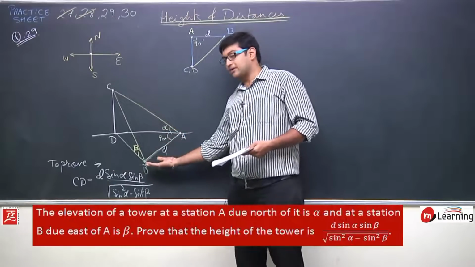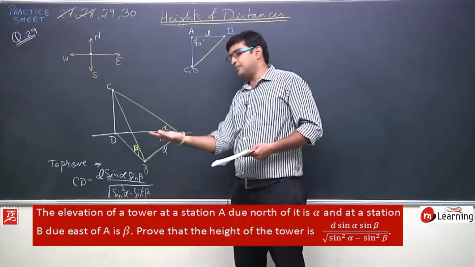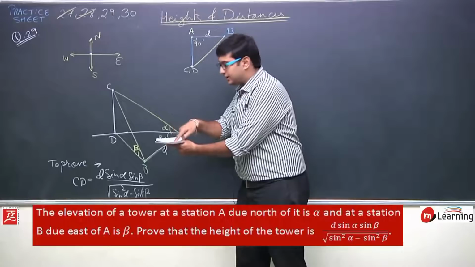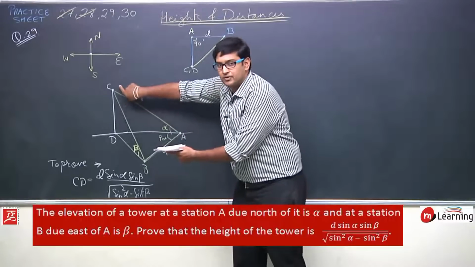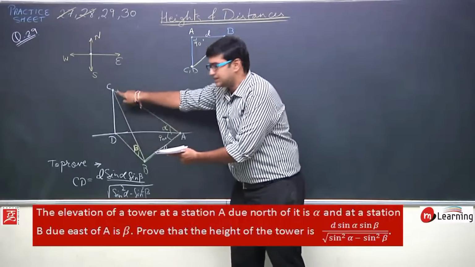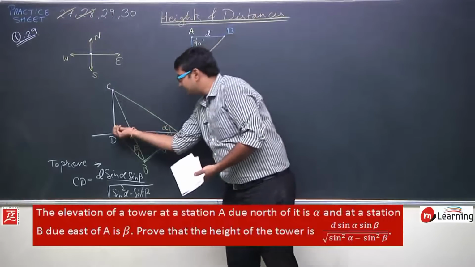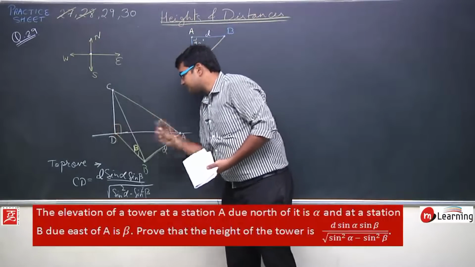So I have drawn it here, it is in 3 dimension in this plane, somewhere here, B point is somewhere here. From this point I am observing the top of this tower. So definitely BDC, it has to be a right angled triangle because this tower is perpendicular to the ground.